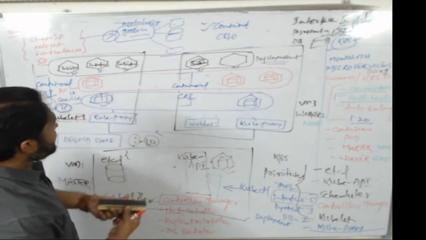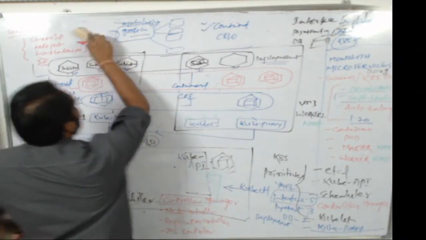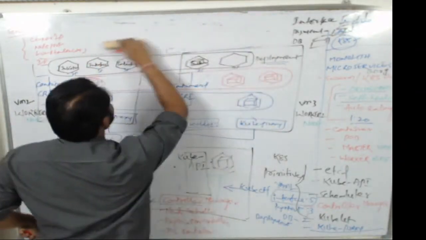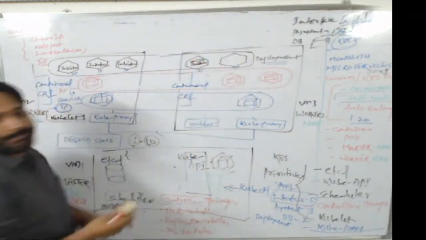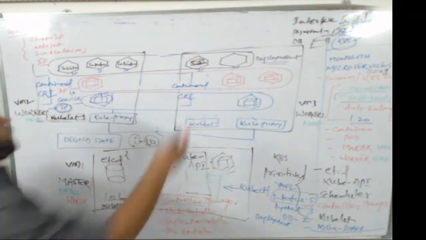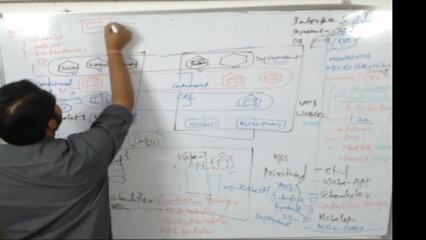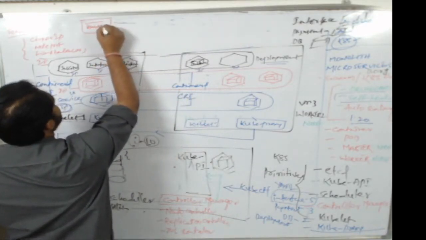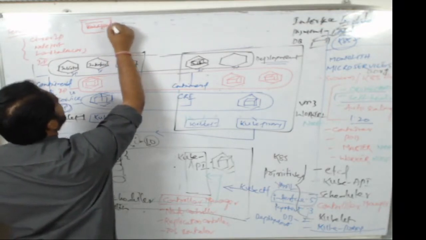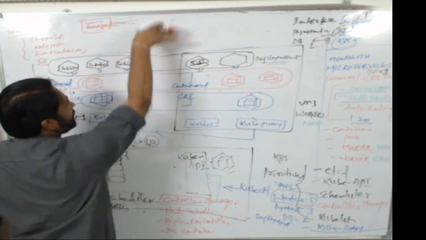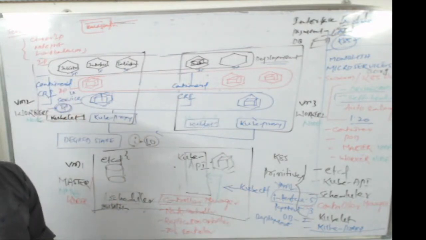Now in this case, the end users want to reach the interface. Let's say you are the user. You're sitting here with a laptop and you say Amazon.in. It hits a load balancer, it lands here.